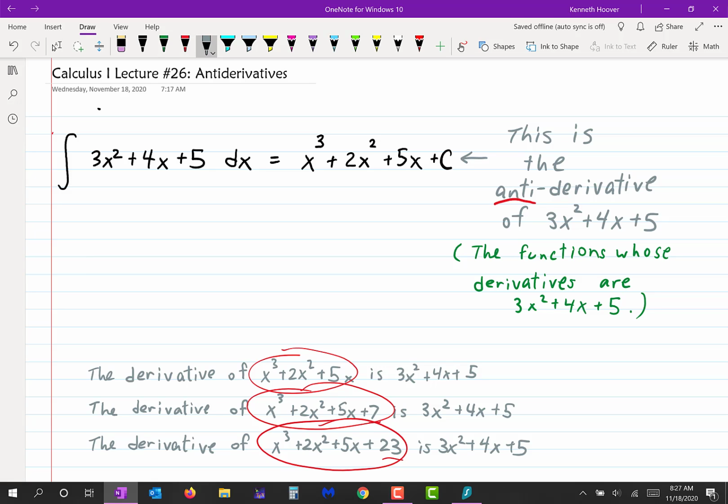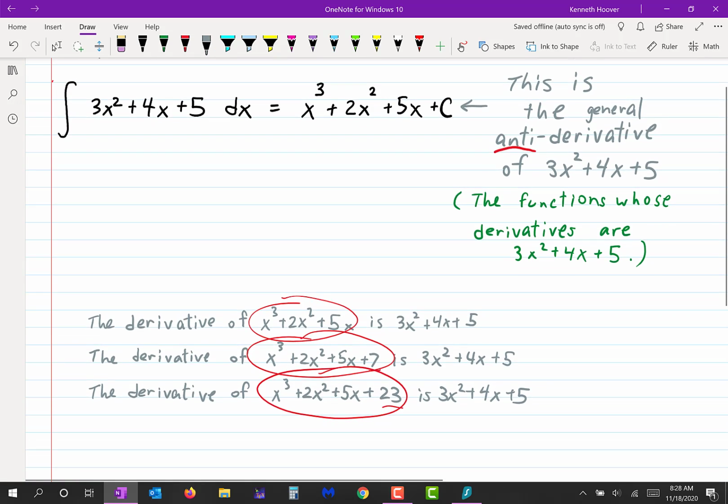The antiderivative of a function is infinitely many different functions. Okay, so it's not wrong. However, to avoid any confusion, it is a good idea if I were to put in after the word the, to put in the word general. Instead of just saying the antiderivative, it's a good idea if I said the general antiderivative.